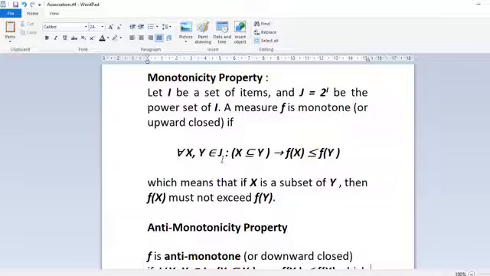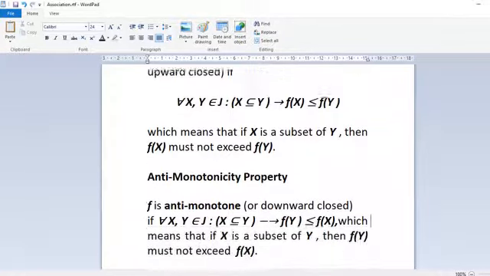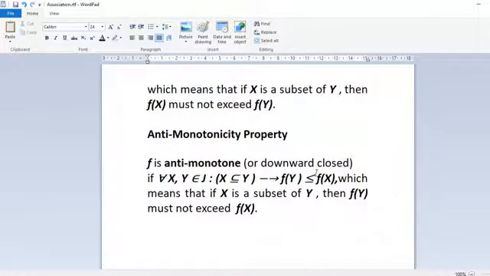Anti-monotonicity is opposite to monotonicity, which applies to our converse. f is anti-monotone or downward closed if, for all x, y belonging to J, x is a subset of y implies f of y is less than or equal to f of x. That is, the count of the superset cannot exceed that of the subset, which means that if x is a subset of y, then f of y must not exceed f of x.